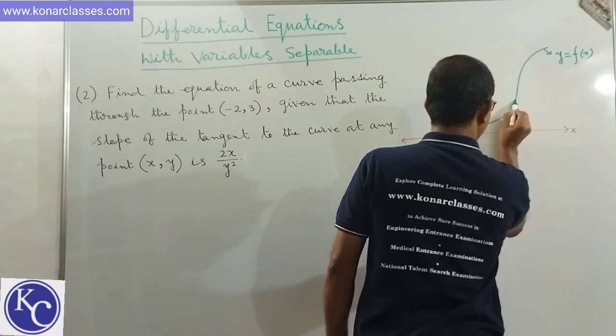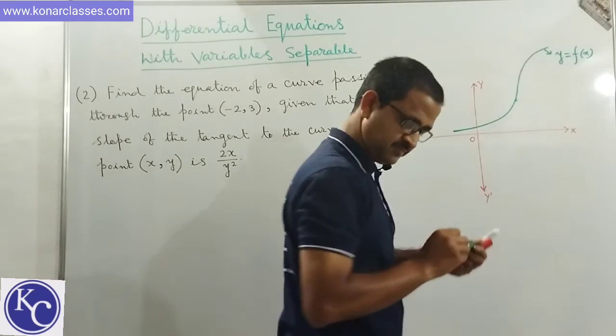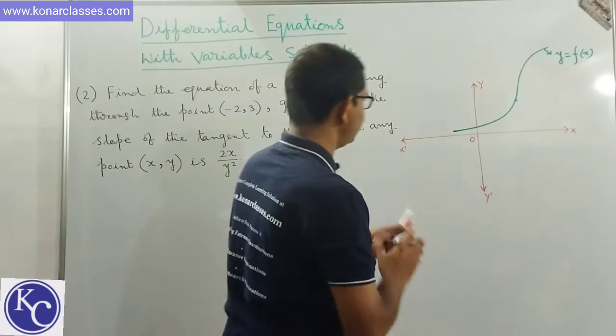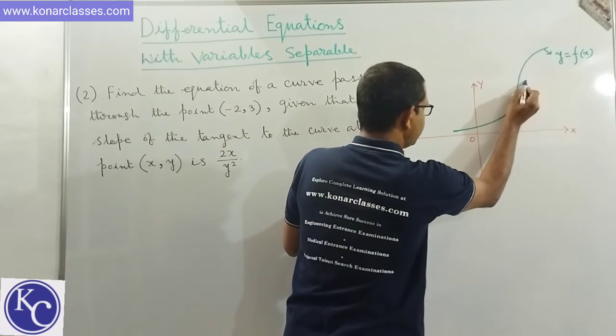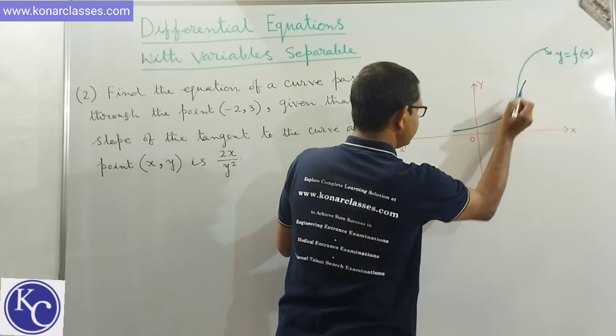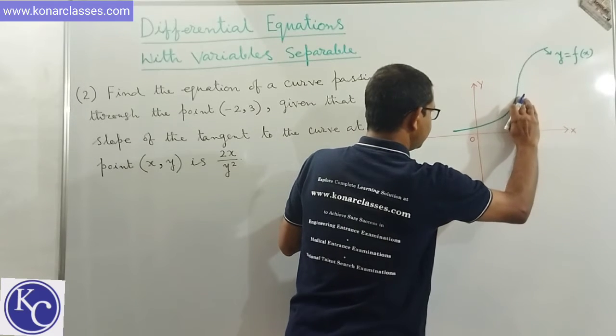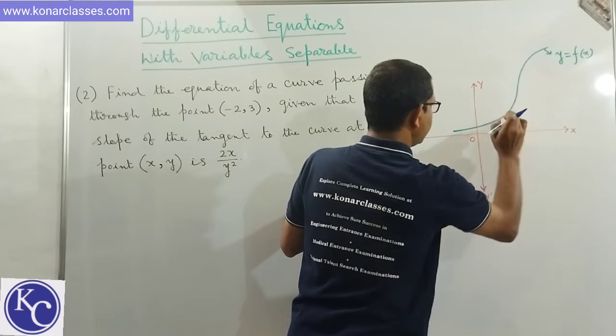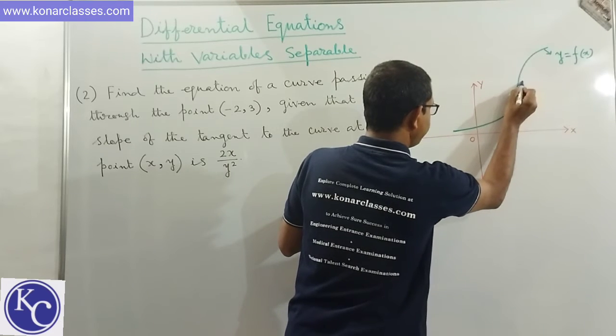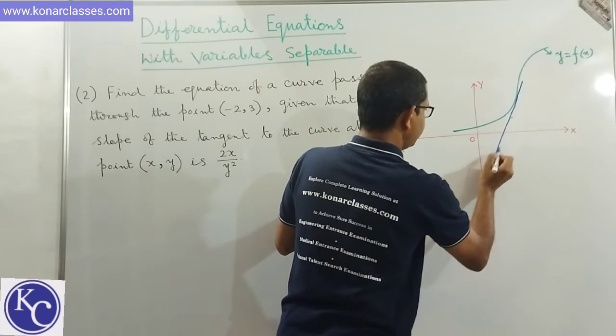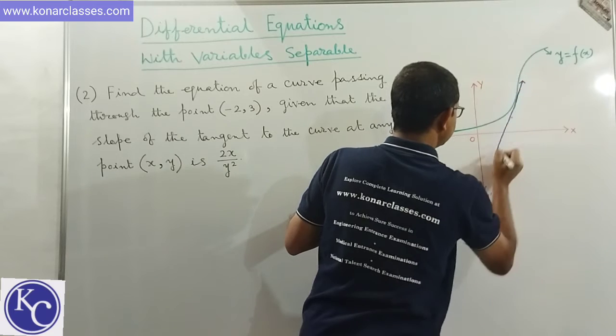Now if you take any point on this curve, and if we draw a tangent, suppose we draw a tangent something like this. Let me draw the tangent properly. Now this is the tangent.